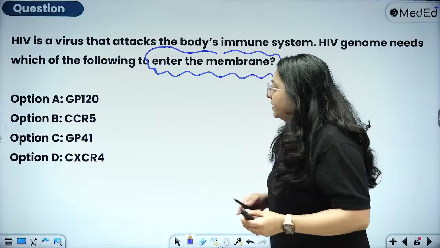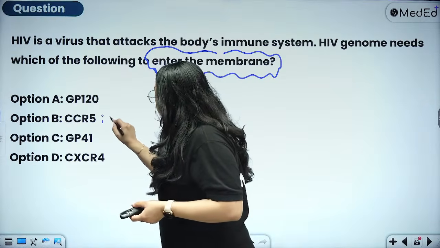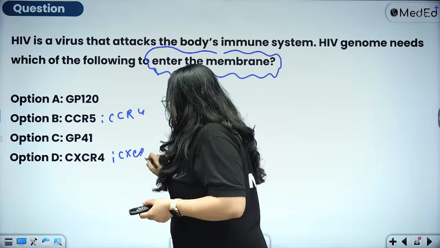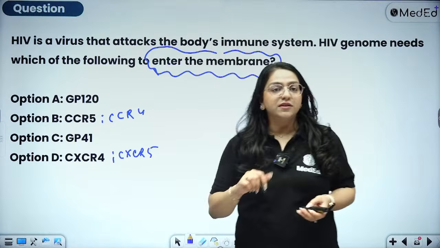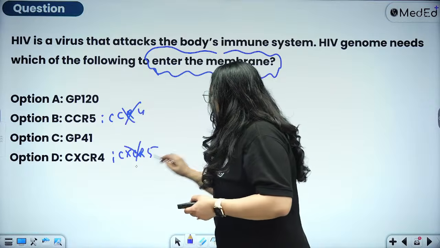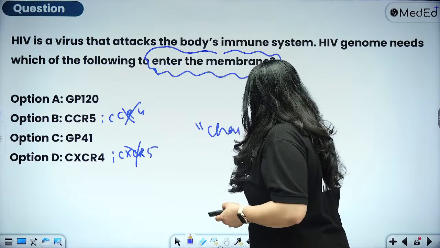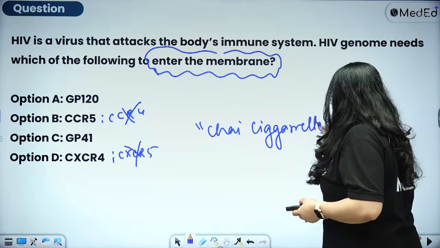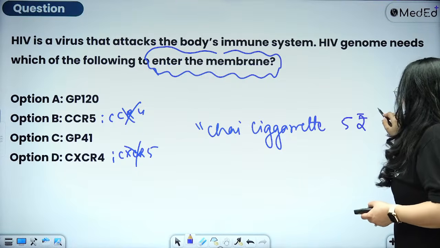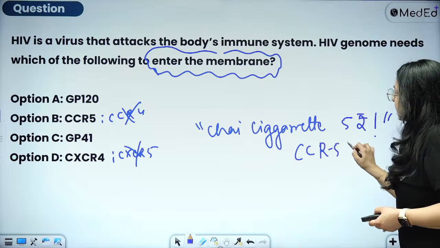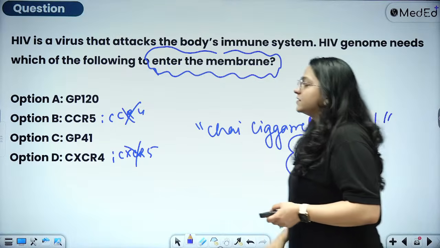How to remember? What if they had written here CCR4 and CXCR5? Then it would have been a total confusion. Then how to remember that it is not this? Chai cigarette, 5 rupees. CCR5. So obviously then the CXCR is 4.